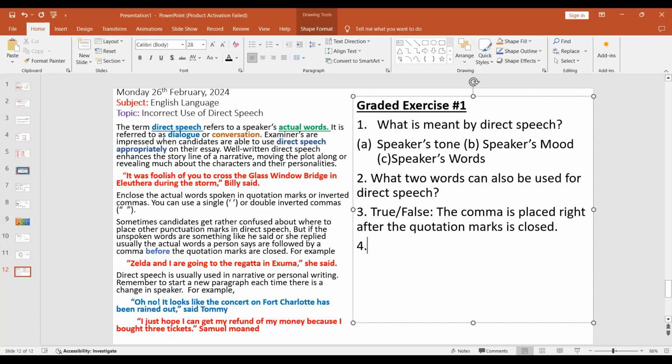Number 4: true or false? Only double inverted commas can be used in direct speech.